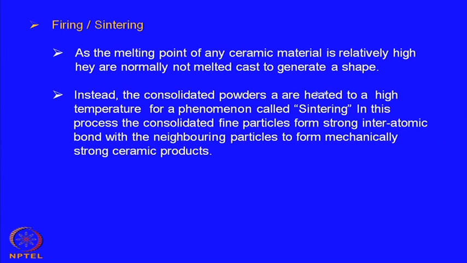This is a common technique, whether you consolidate by cold isostatic pressing, slip casting or tape casting. Ultimately, all ceramic materials have to be heated to appropriate temperatures, approximately let us say 80% of their melting temperature.